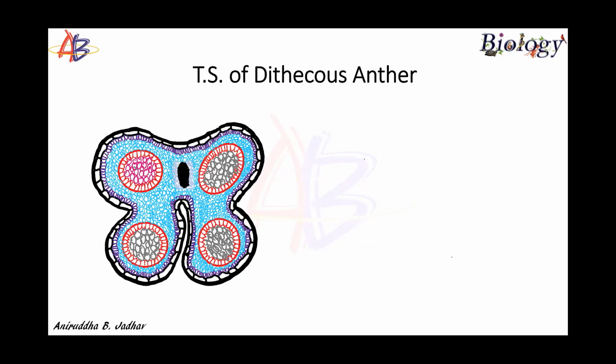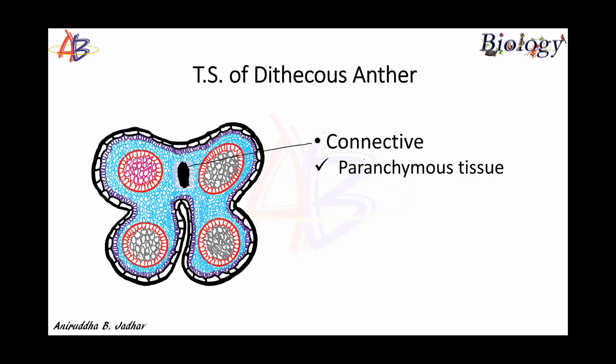The next and the last part of anther is connective. Connective is a parenchymatous tissue which is present in between two lobes of dithecous anther. So it means it is connecting these two lobes in dithecous anthers.